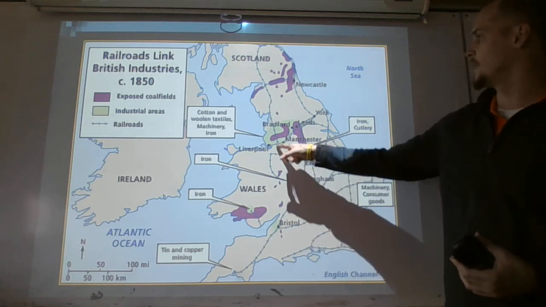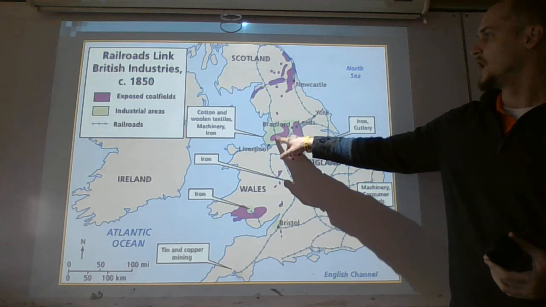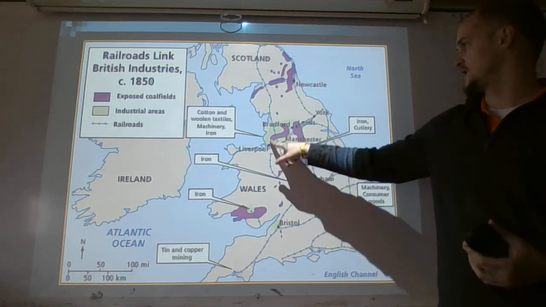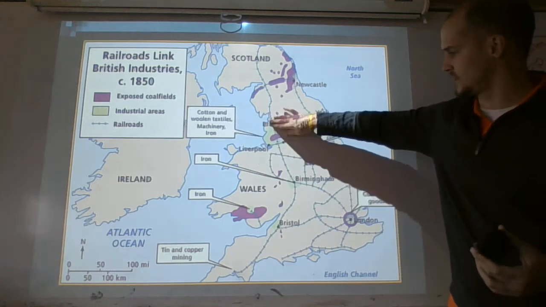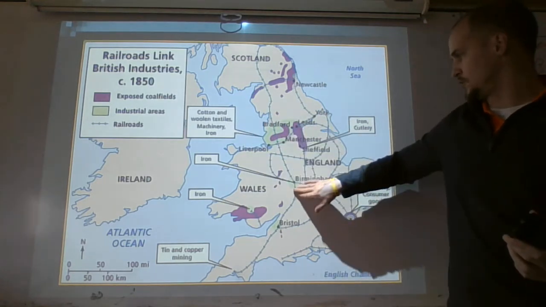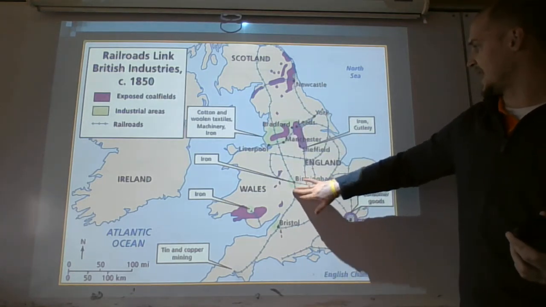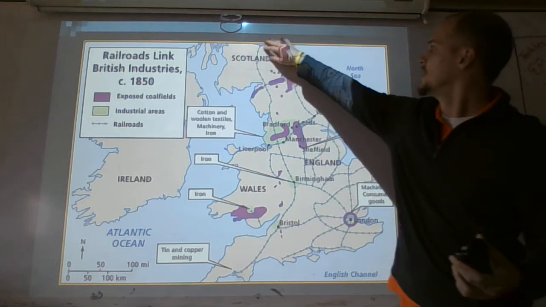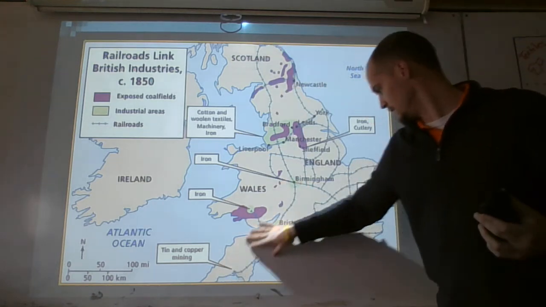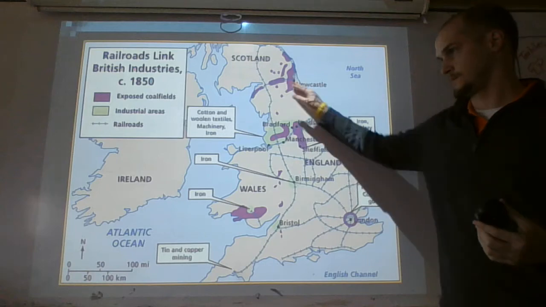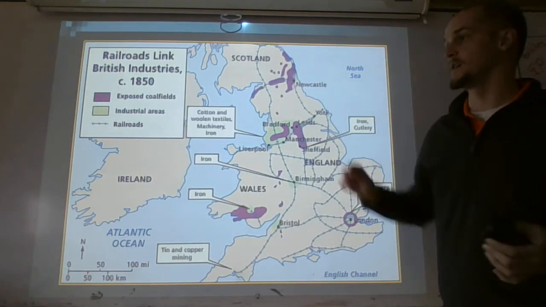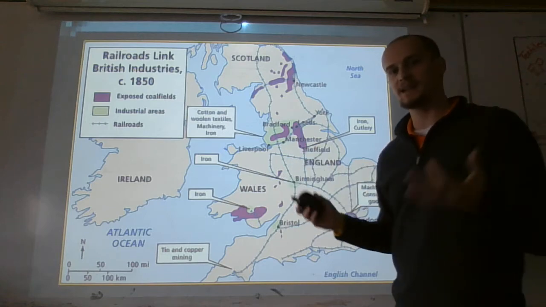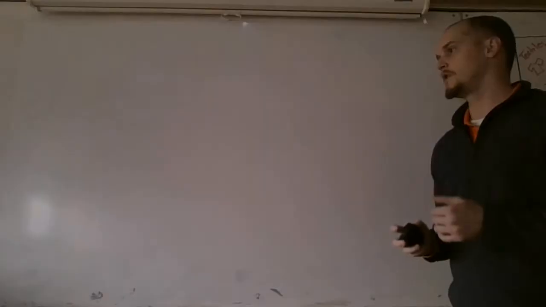And then that same railroad goes up here to more machinery factories. But then you have cotton and textiles here. So you could take them and use them to trade to get the iron. All right. And so railroads are being built all through. This is just a portion of England, but it ends up expanding to grow even throughout all of Europe.